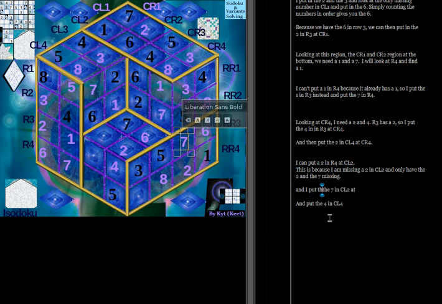And I put the 7 in column 2 at right row 3.